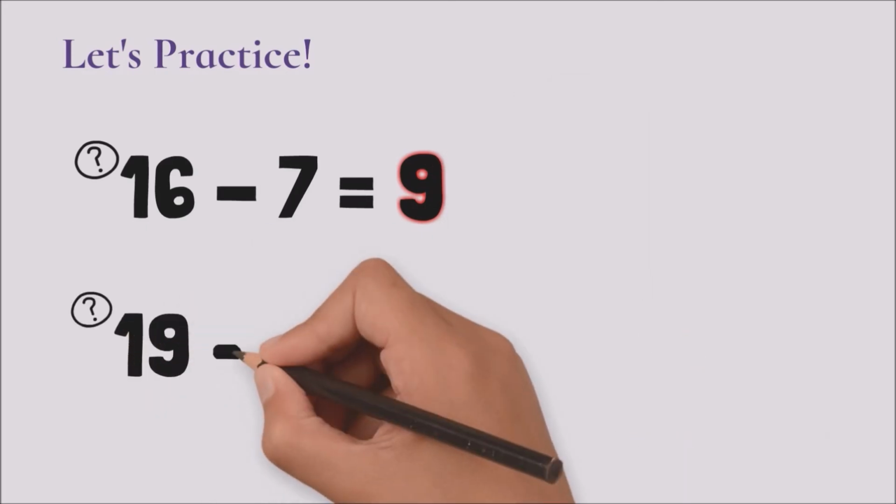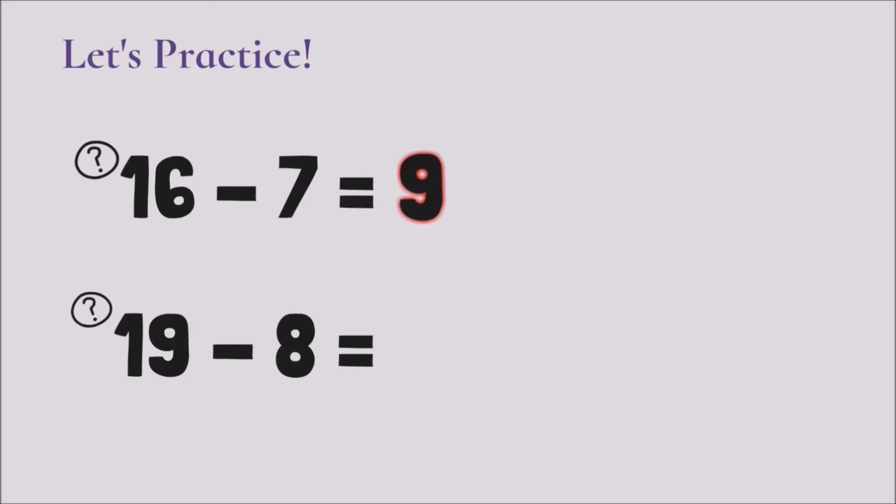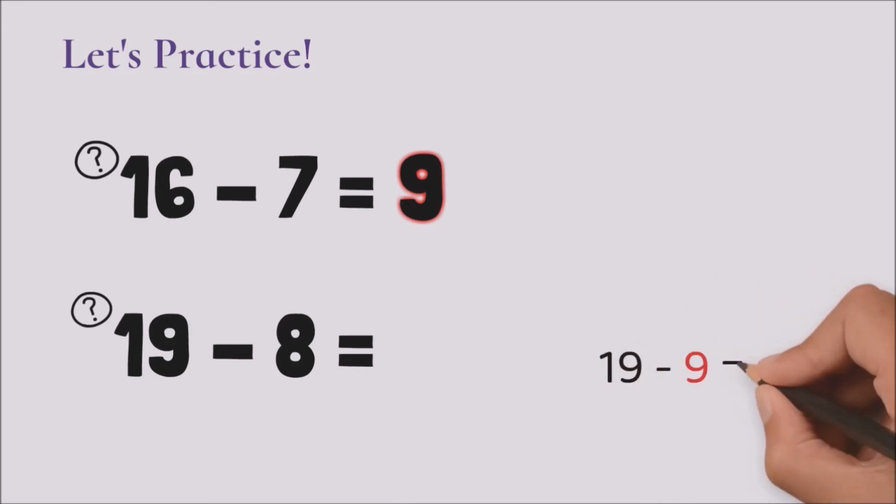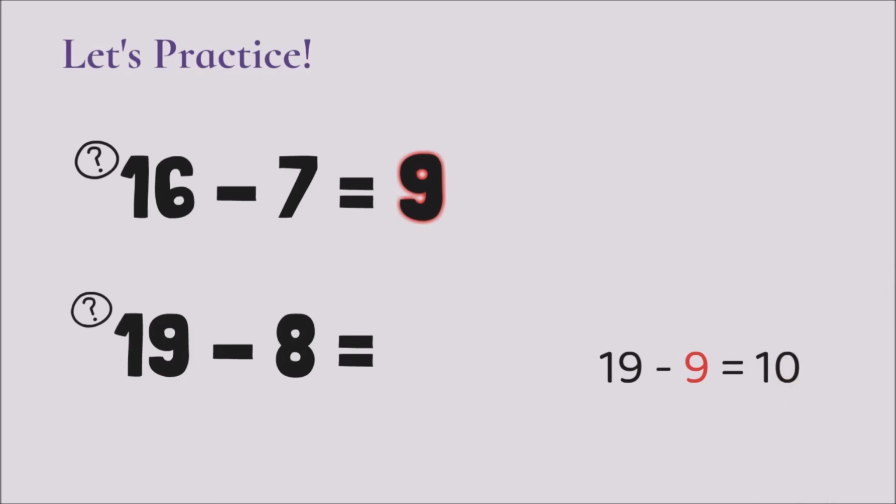Let's do 19 minus 8. Now this one is a little bit different because in order to subtract down to 10, we would have to subtract 9. But 9 is bigger than 8. So that leads to a slight variation to the rule when the number doesn't take us to 10. In this case, 8, right?